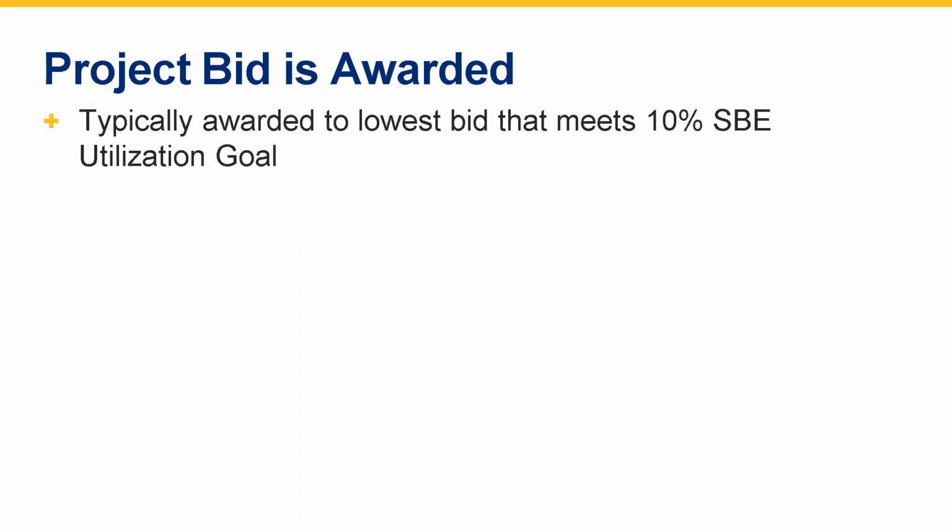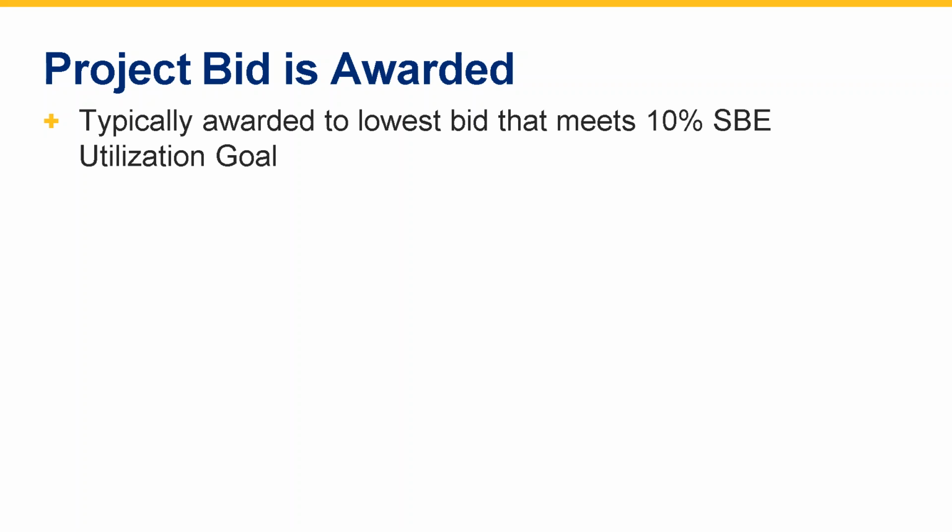And if it meets the criteria that a good faith effort was made to meet that 10% SBE utilization goal, we move forward, and as we have an internal group that supports and looks at the data, and we'll either say we're going to make a recommendation for award of this based upon the lowest responsible SBE compliant contractor.